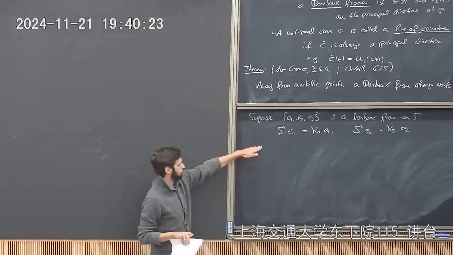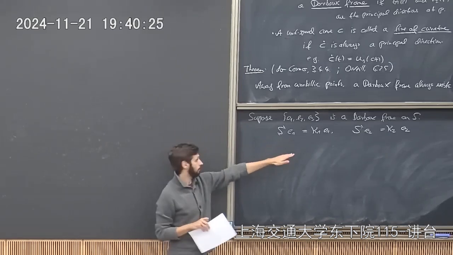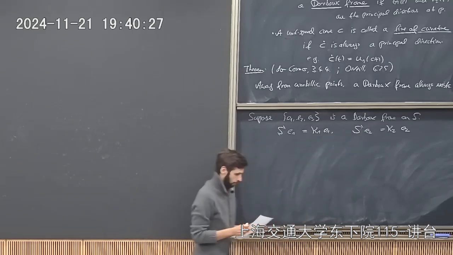Where everything should be read like for each point P, we can evaluate both sides.